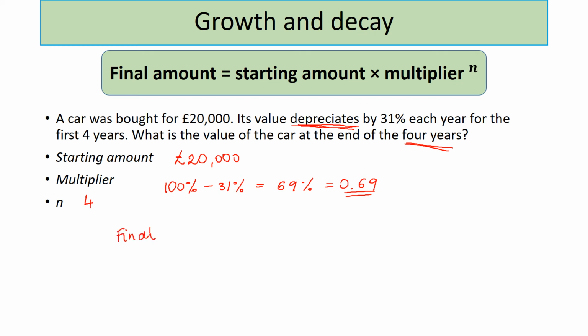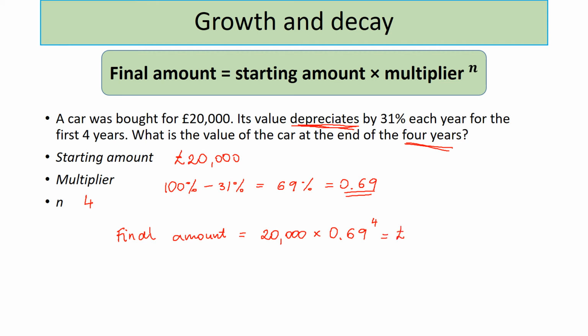And now to work out the final amount. So this is the value of the car after 4 years. So the starting amount is 20,000, and I times it by the multiplier, which is 0.69 to the power of n, which is 4.